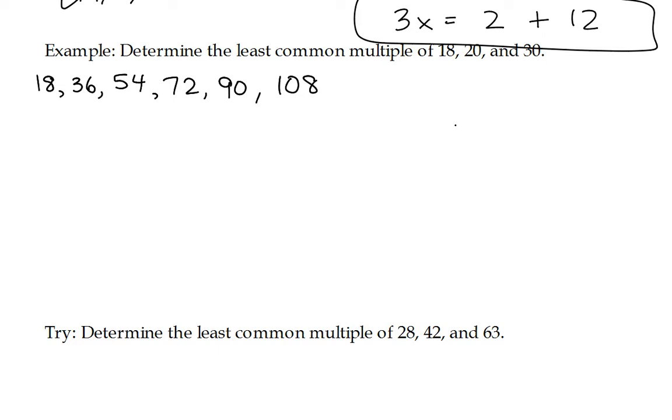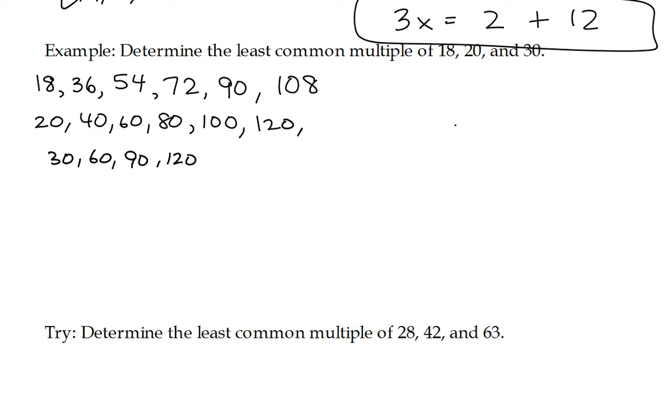You don't. Try the next one, 20. This one's easier. 20, 40, 60, 80, 100, 120. How do I know when to stop? You just don't. This one's easier. 30, 60, 90, 120, 150, 180.